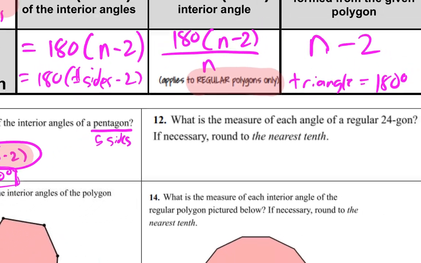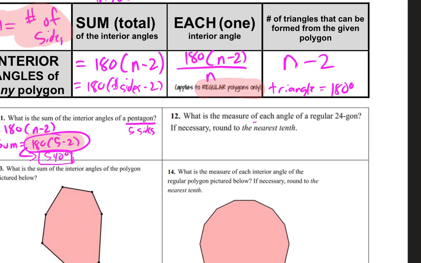Next. What's the measure of each angle of a regular 24-gon? 24-gon means 24 sides, right? Each is going to be 180 times n minus 2 over n.